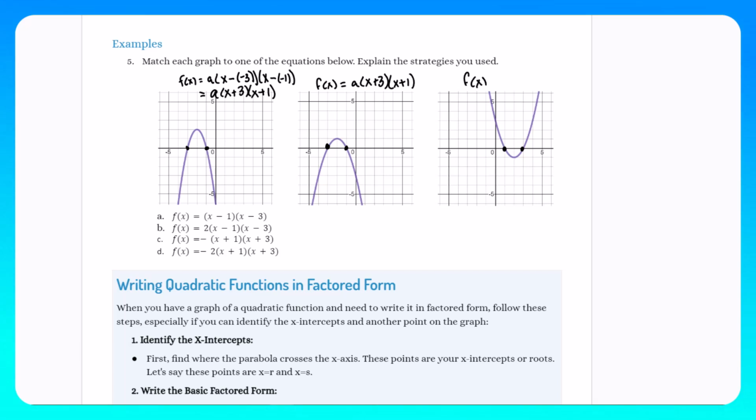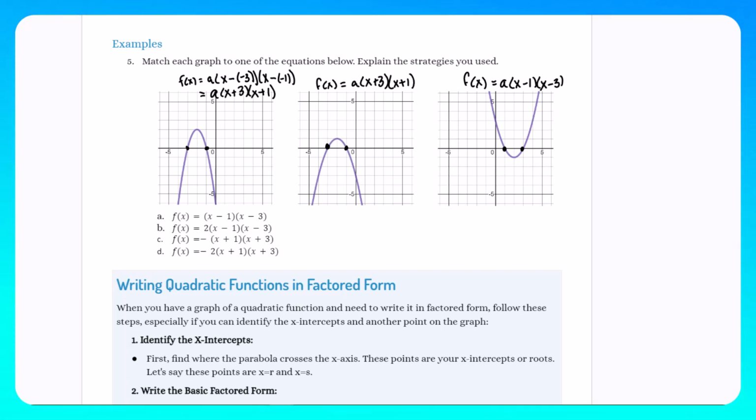So this one, to start with, is going to look like a times x minus 1 times x minus 3. Now notice when these x-intercepts are positive, these are subtracted, and when they're negative, they're added. Okay, keep that one in mind.